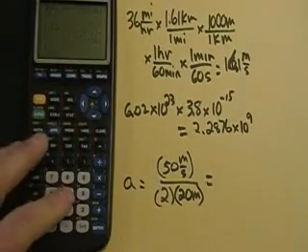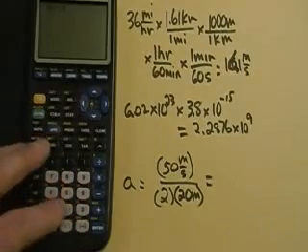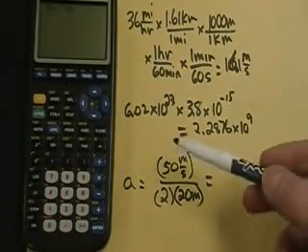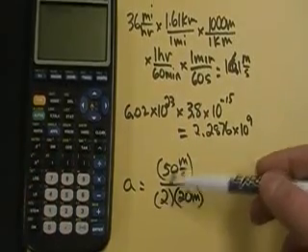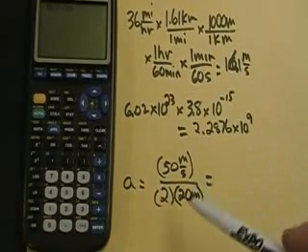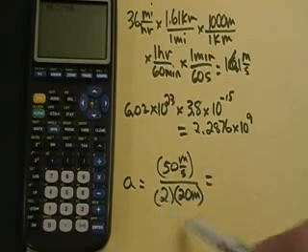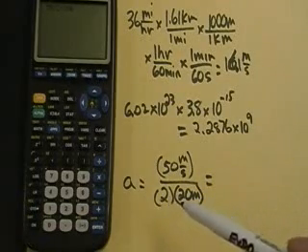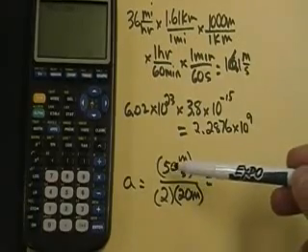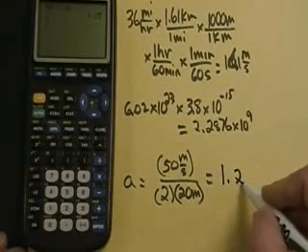Watch what I mean. 50 divided by 2 divided by 20. That's how you should do it. Because the 50 is being divided by the 2 and the 50 is being divided by the 20. The calculator doesn't know that you're thinking of the 2 times 20 together. The answer is 1.25.